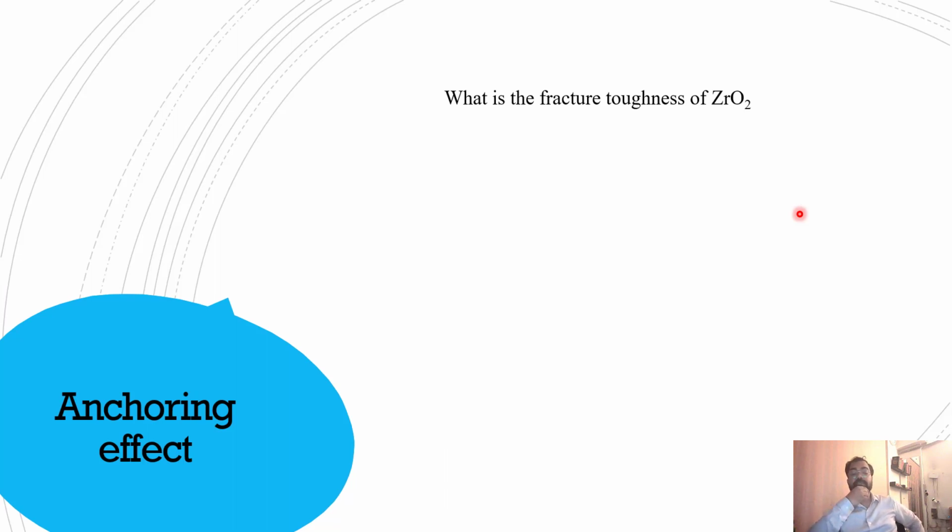Then there is something called the anchoring effect, and the reference for this I have taken from the book of Daniel Kahneman, who is a Nobel Prize winner in psychology. So I'll tell you what it is. What is the fracture toughness of zirconia, which is a ceramic? Well, if you don't know, then it's only 70 megapascal root meter.